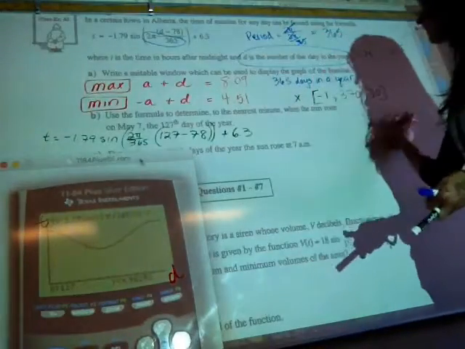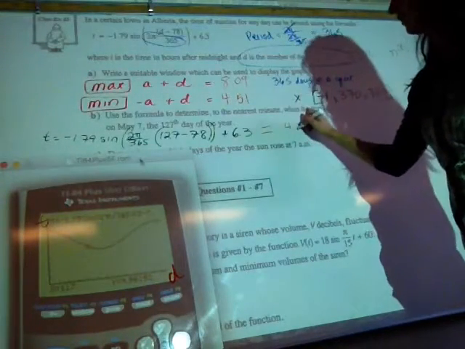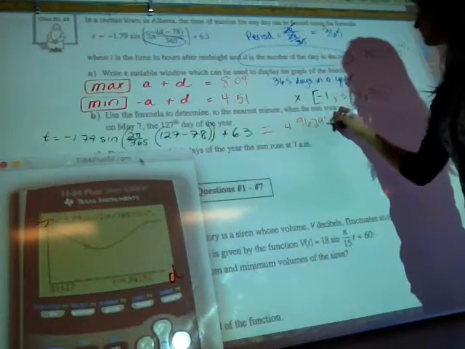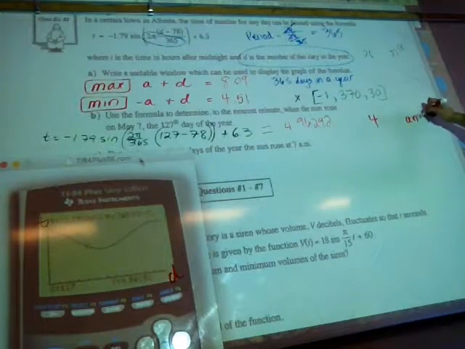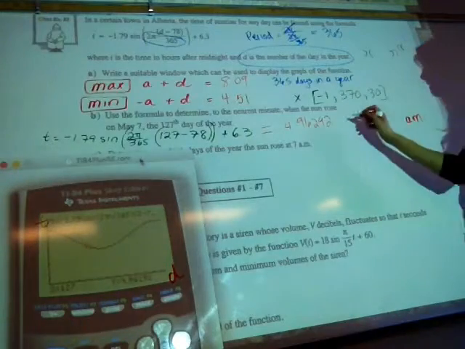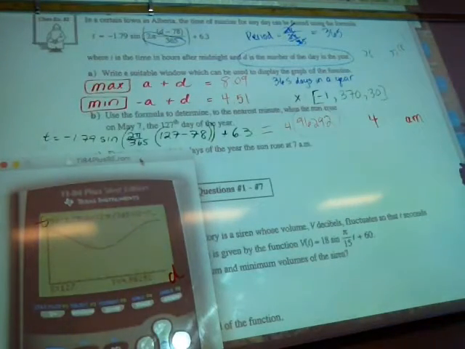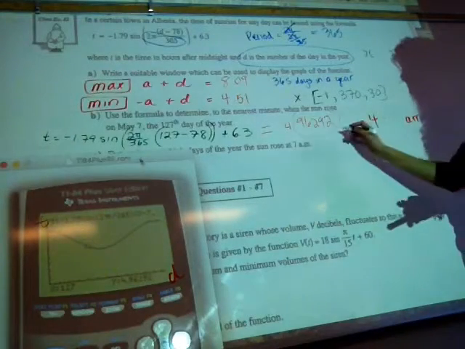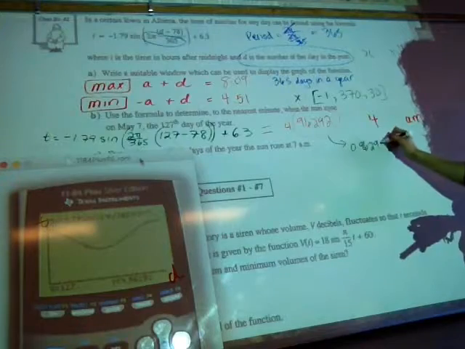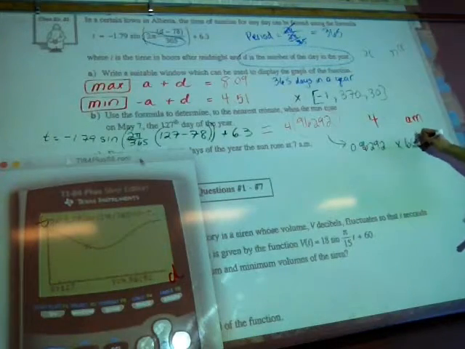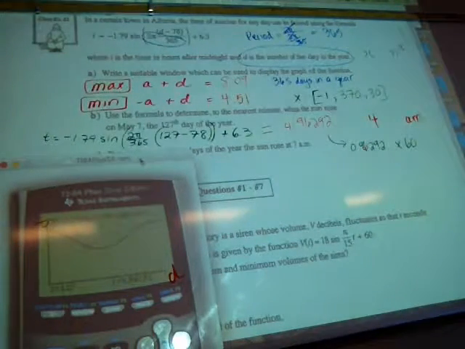And the value we get is 4.96292. So we know it's going to be 4 something a.m. We've got to take this decimal now and turn it into minutes, because right now it's in hours. So 0.96292 times 60. See what we get?